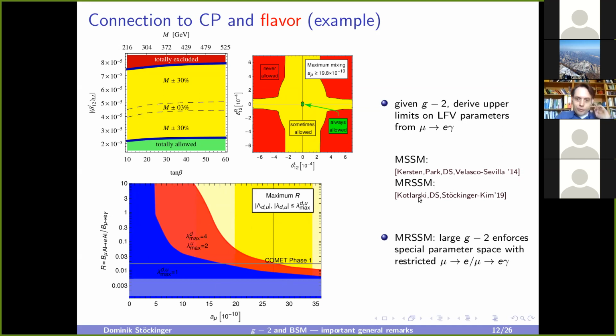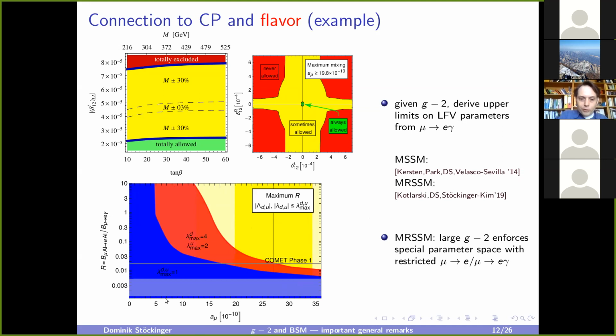This is specific for this minimal R-symmetric supersymmetric standard model. Let me not go into detail what the model is, but let me only use this as an illustration of this simple statement. If g-2 is large in a model, then you are forced to go into a quite restricted parameter space. And this is illustrated here.